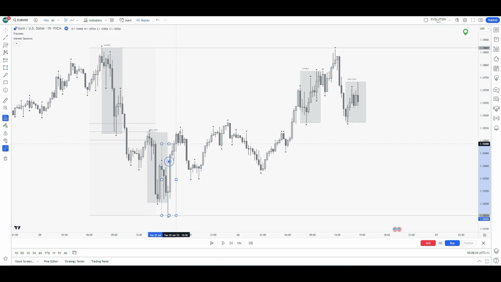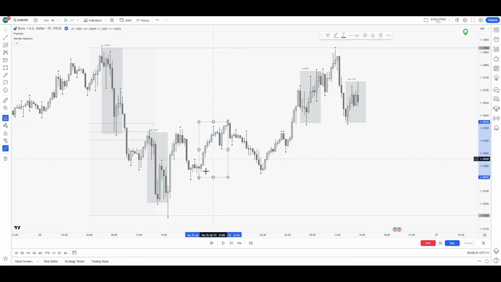We see a breach, we can move that. Track back, the lows maintained. We see a breach, move the high, move the low as we track back, and keep on following it here. Track back.